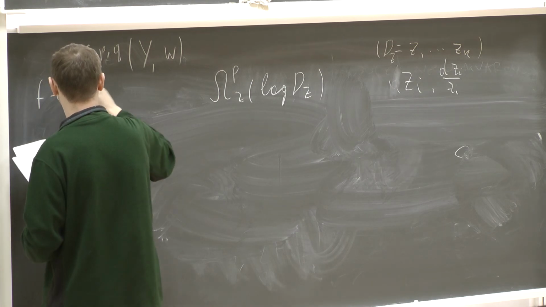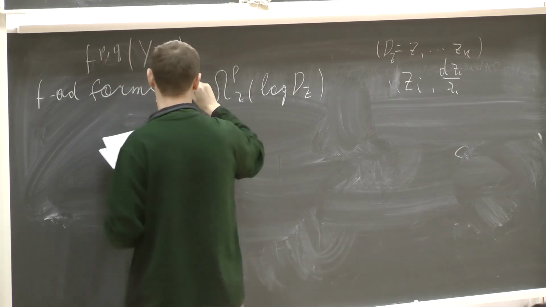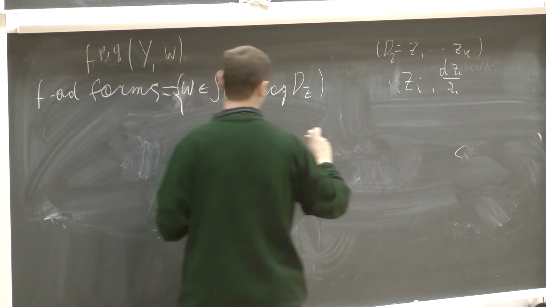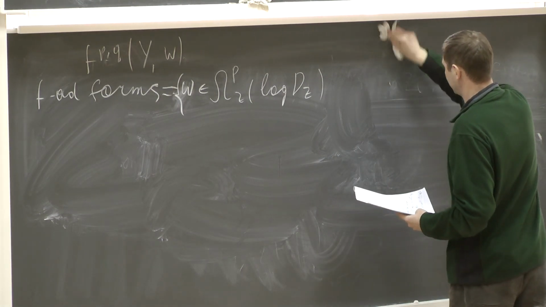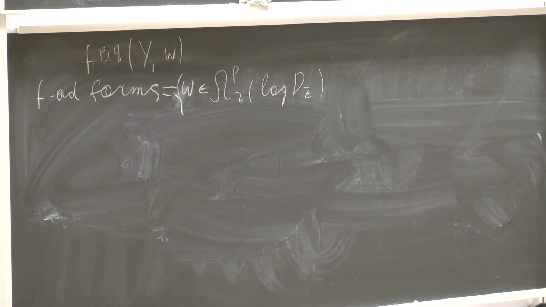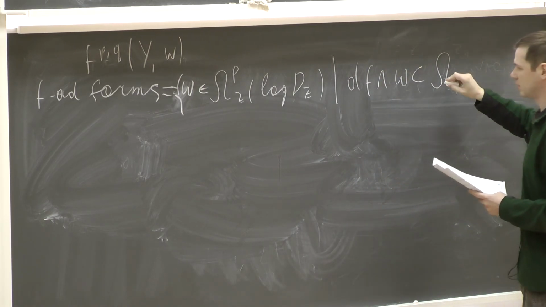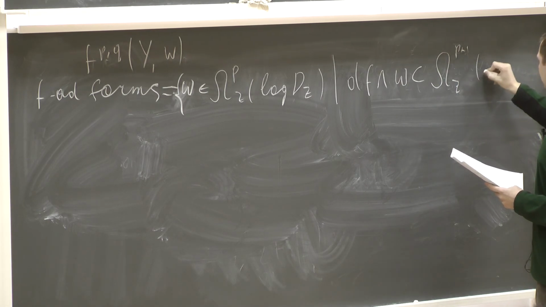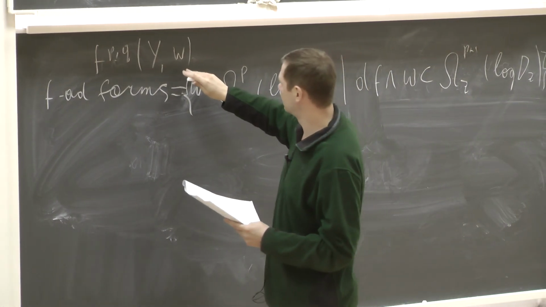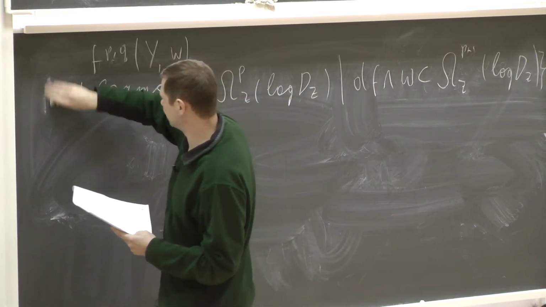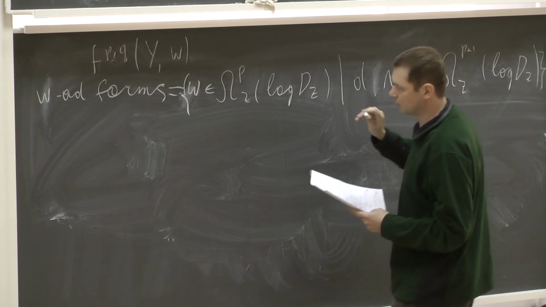So f-adapted forms are just logarithmic forms omega which stay logarithmic after wedging by the differential of f, such that df wedge omega is still a logarithmic form, of course of degree p plus 1, in Omega^{p+1}(log D_Z).